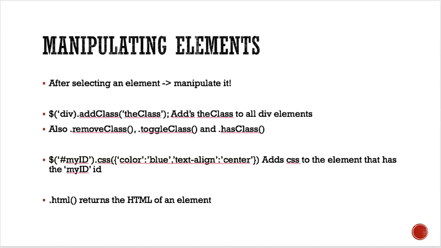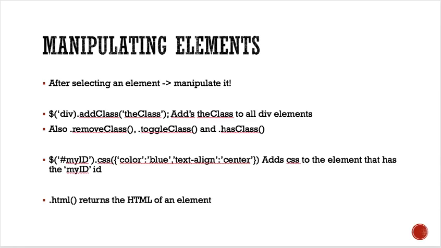And then after selecting the element, you want to manipulate it. You might want to add a class. You might want to remove a class. You might want to add some style elements. You might actually want to modify the HTML of that element. And so you would use jQuery functions such as add class, remove class, toggle class, has class, .css to add CSS, .html to work with the HTML.